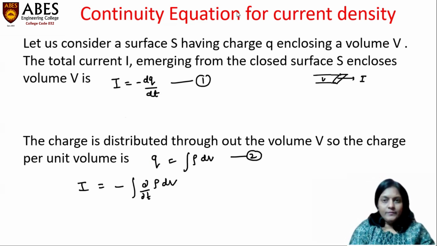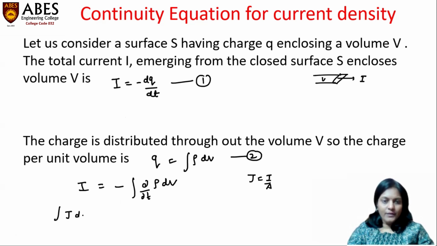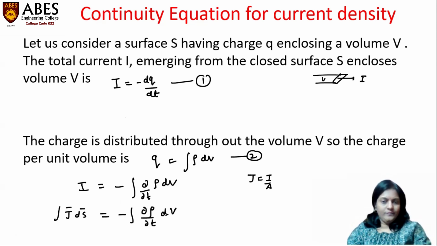This is the current. And we know that J is equal to I by A, so I is equal to J dot ds. I can write I as J into ds, and it is equal to minus del rho by del t into dV.